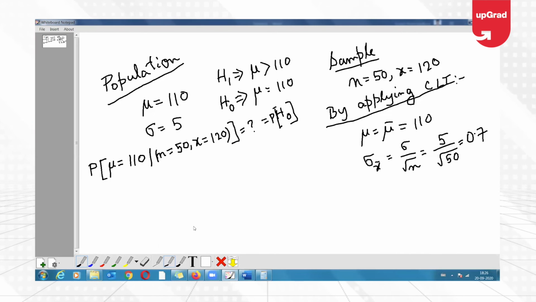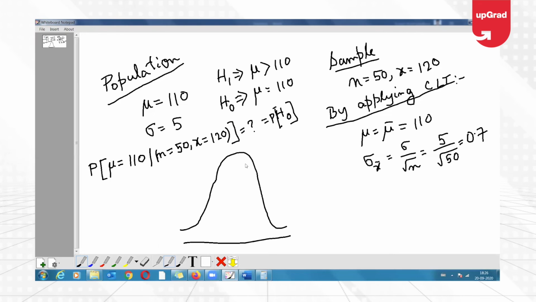So now let's draw a normal distribution. If we assume that this is 110, with a standard deviation of 0.7, then one standard deviation out is 110.7, then 112, right? And somewhere here it will be 120.